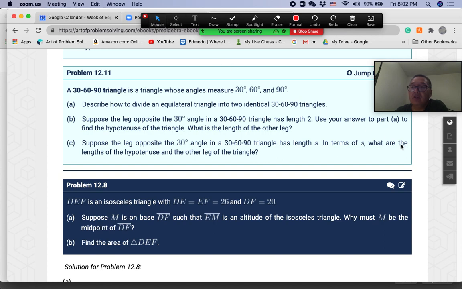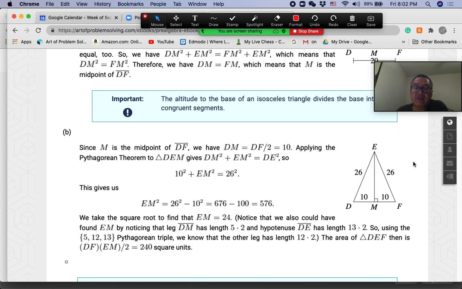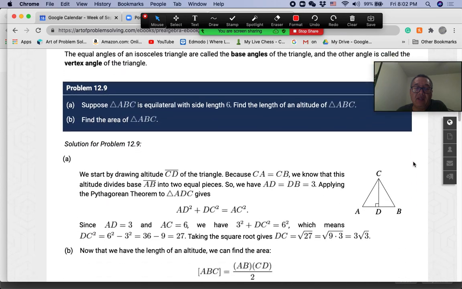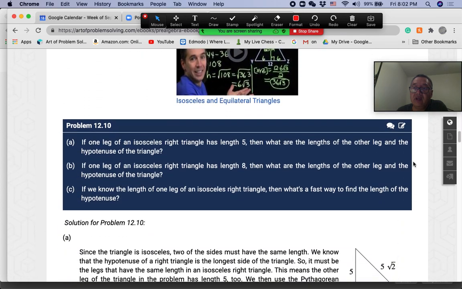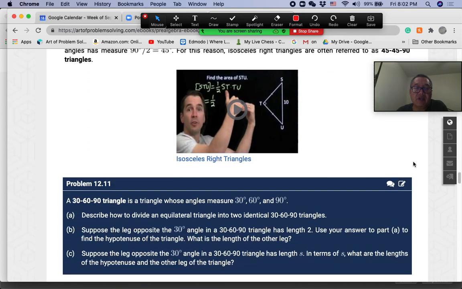Your homework for this section will be behind this section. Now let's see how many problems here.